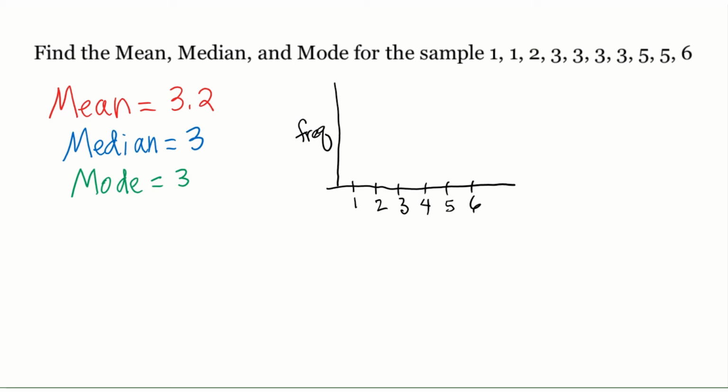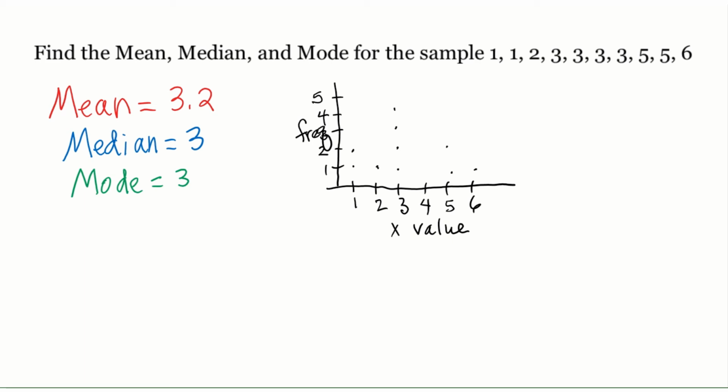So these are my x values, or the values of my data. Then we'll just do a dot plot to show how often each of these are showing up in my data. So this is what the distribution of my sample is going to look like.